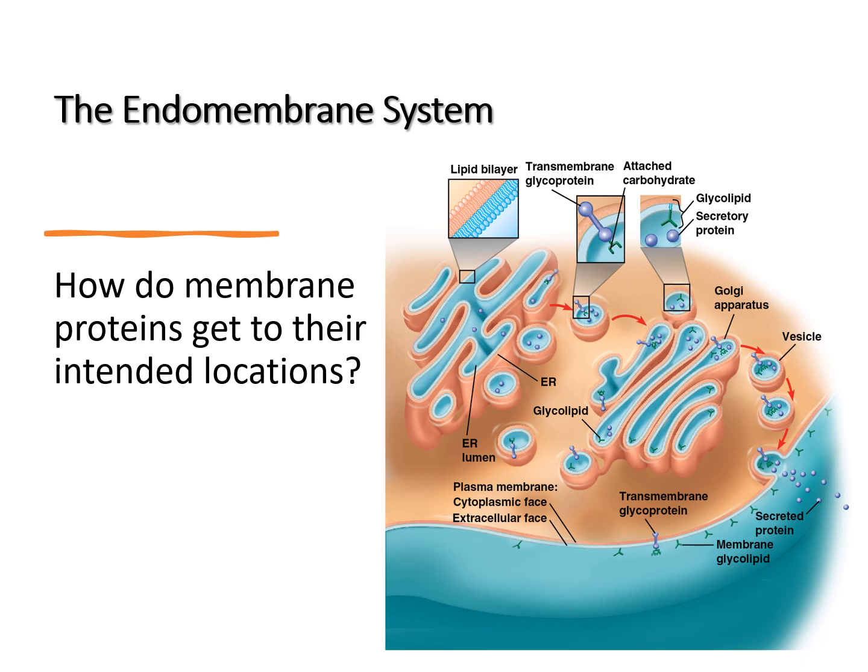So the endomembrane system is super critical in helping us figure out how membrane proteins get to their intended locations. Because if you recall from chapter 6, proteins are made on ribosomes. And ribosomes are either contained in the cytosol or in the rough endoplasmic reticulum. But if we're trying to get proteins to the plasma membrane, which is not in the cytosol or the rough endoplasmic reticulum, we have to get them there somehow.